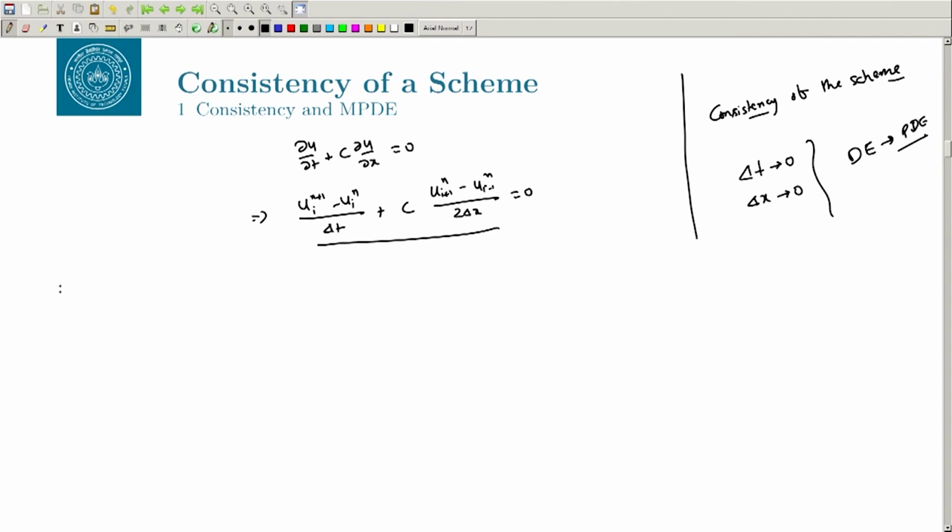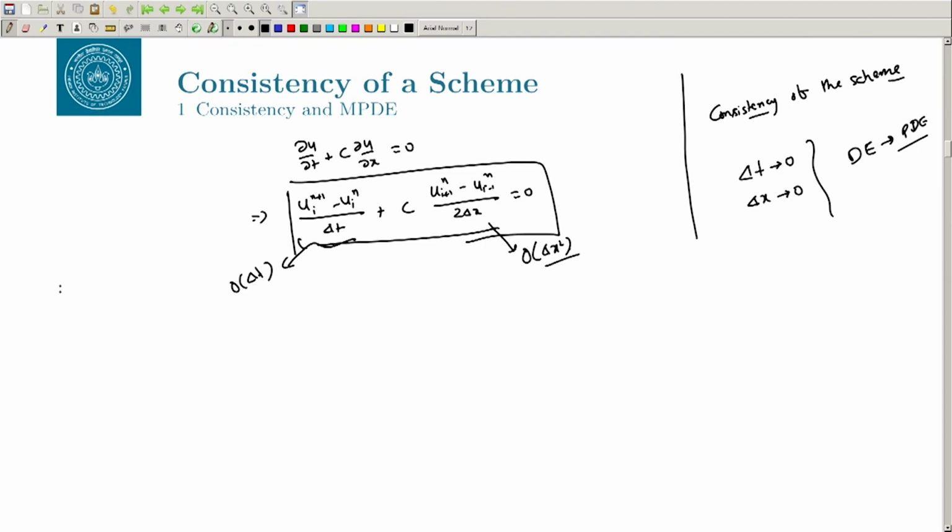So, that means in other words, when we have discretized in this form, we have basically let go of some of the truncation error terms, right. Remember, there will be a truncation error term in this also, which will be order of delta t, and there will be truncation error of this term, the leading truncation error will be order of delta x square, right. So, we have basically let go of those terms, right.